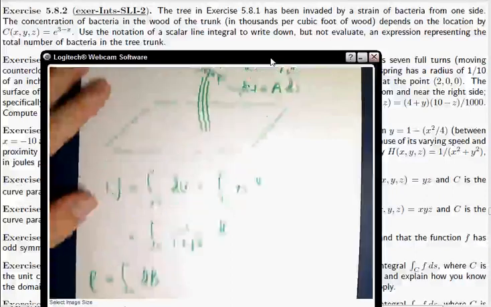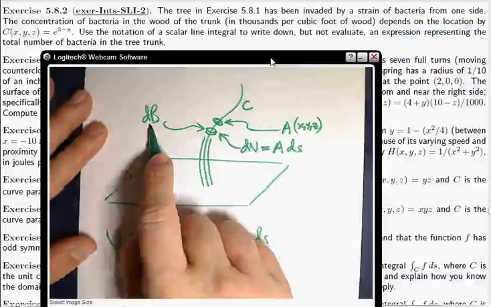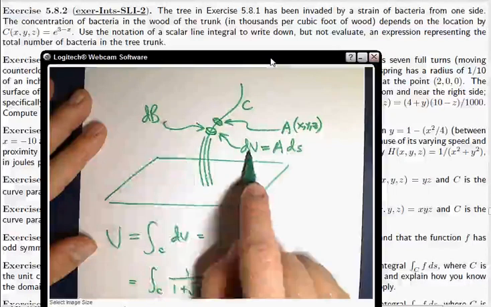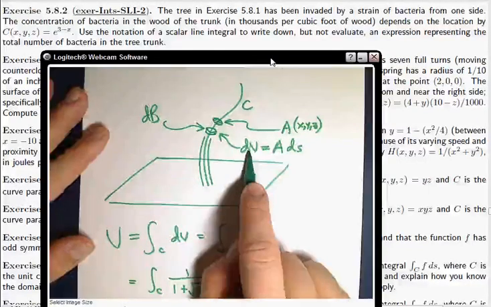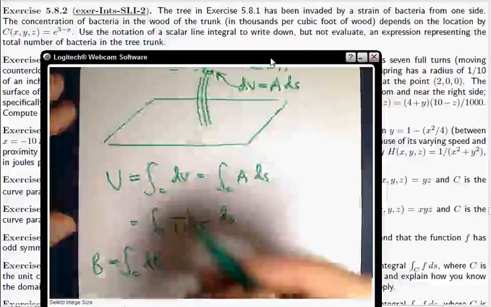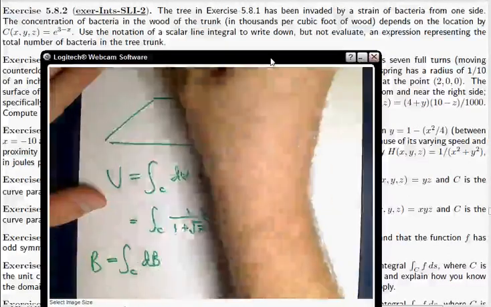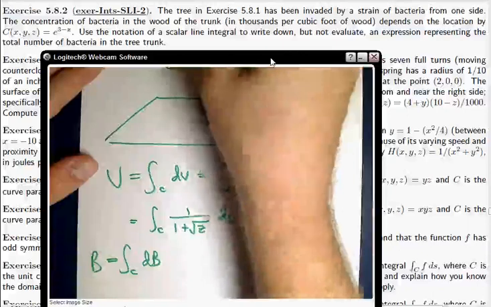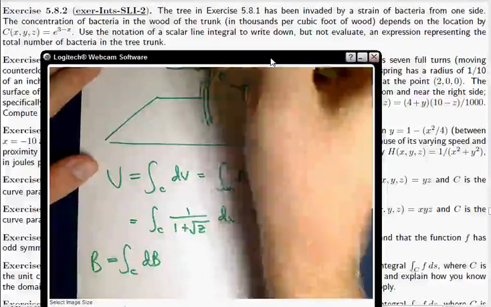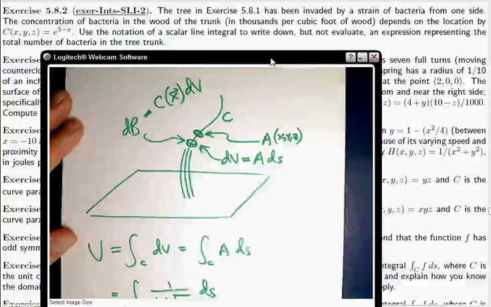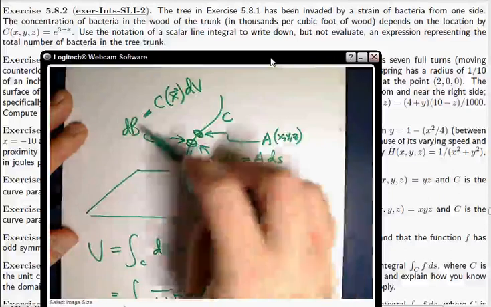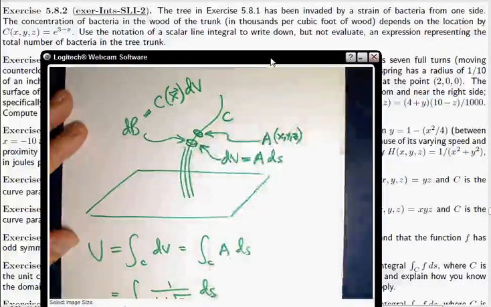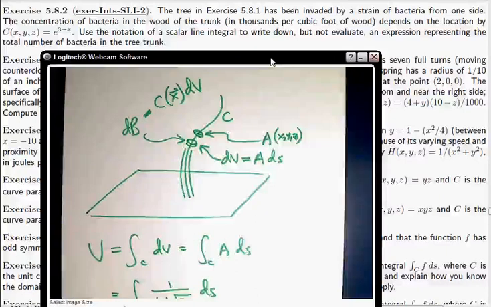And in any piece of curve, the amount of bacteria is what I'm calling dB, and that's going to be the volume times the concentration. So this is this concentration function, C of x times dV. Oops, sorry, there. So the amount of bacteria in there is the concentration times the volume in there. Does that make sense? Okay.